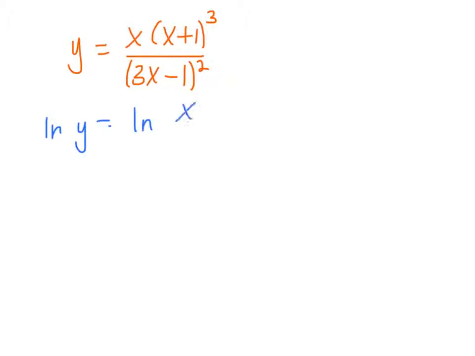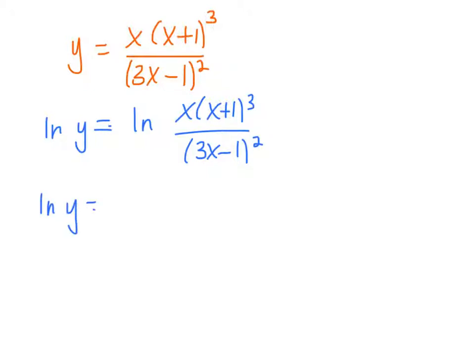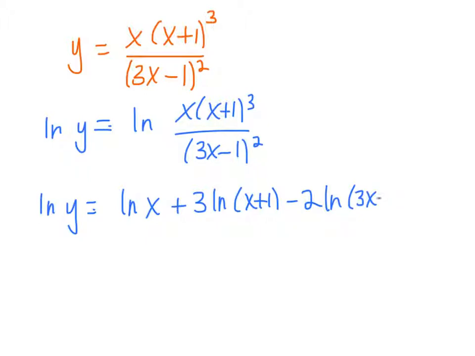Okay, logarithmic differentiation, which means I can split this up. So natural log of x plus 3 natural log of x plus 1 minus 2 natural log of 3x minus 1.